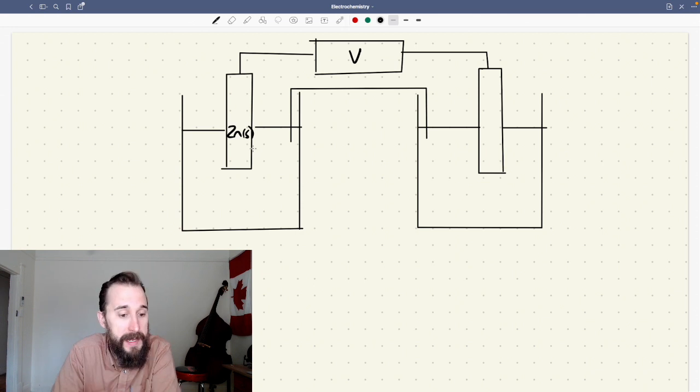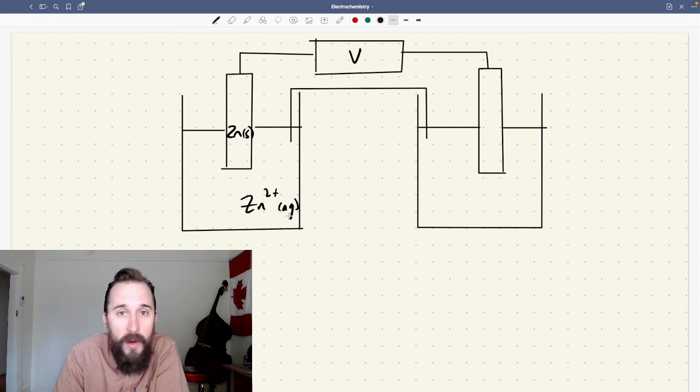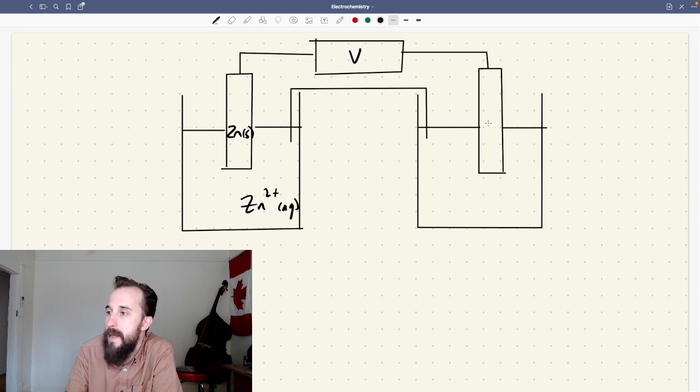So I'll say that's my zinc solid, and then down here we're going to have zinc ions, aqueous. That could be a zinc sulfate solution or something like that. Then over here we're going to have our copper solid, and our copper 2+ aqueous solution down there.